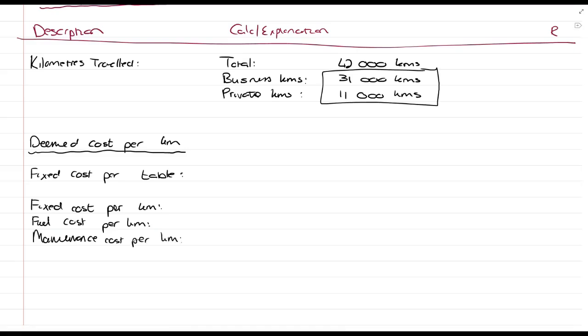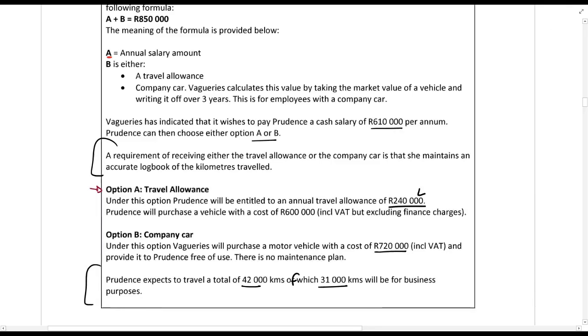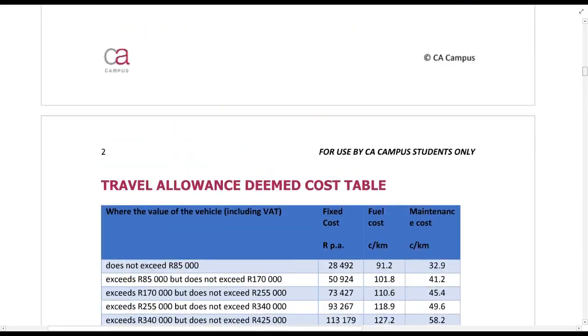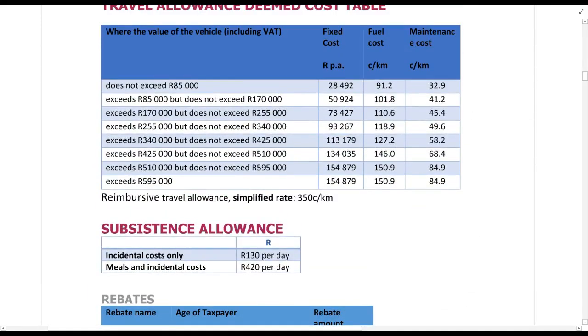She will purchase a vehicle with a cost of 600,000 rands, including VAT, excluding finance charges. That's correct, 600,000 rands. So you go to your travel allowance table, the correct one. We're using this one I've got here. She is in this area where it exceeds the lowest and the top amount.